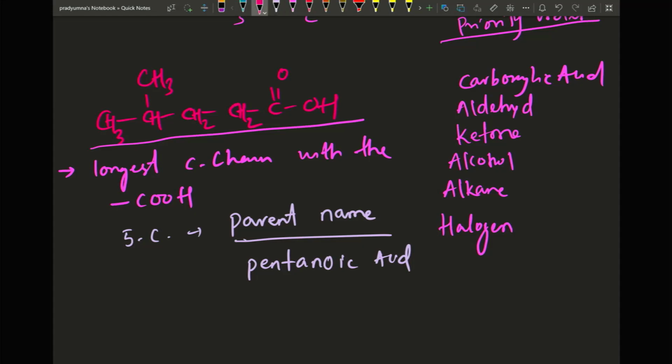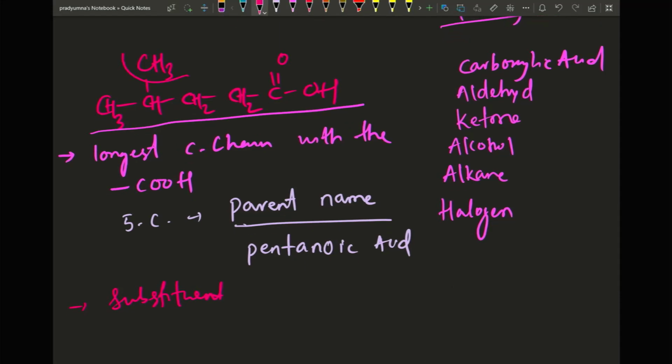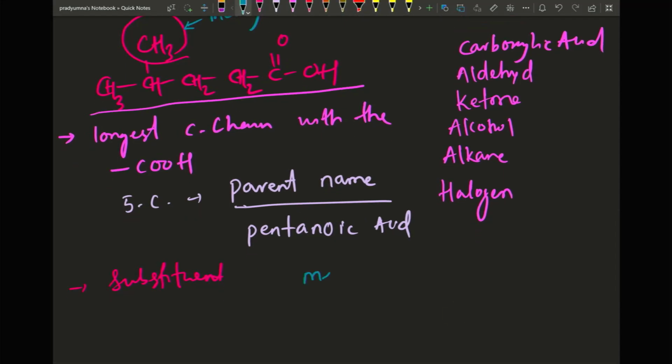Next thing you look at is the substituent. What is the substituent here? The substituent is methyl, one carbon atom. Where do we write the substituent?